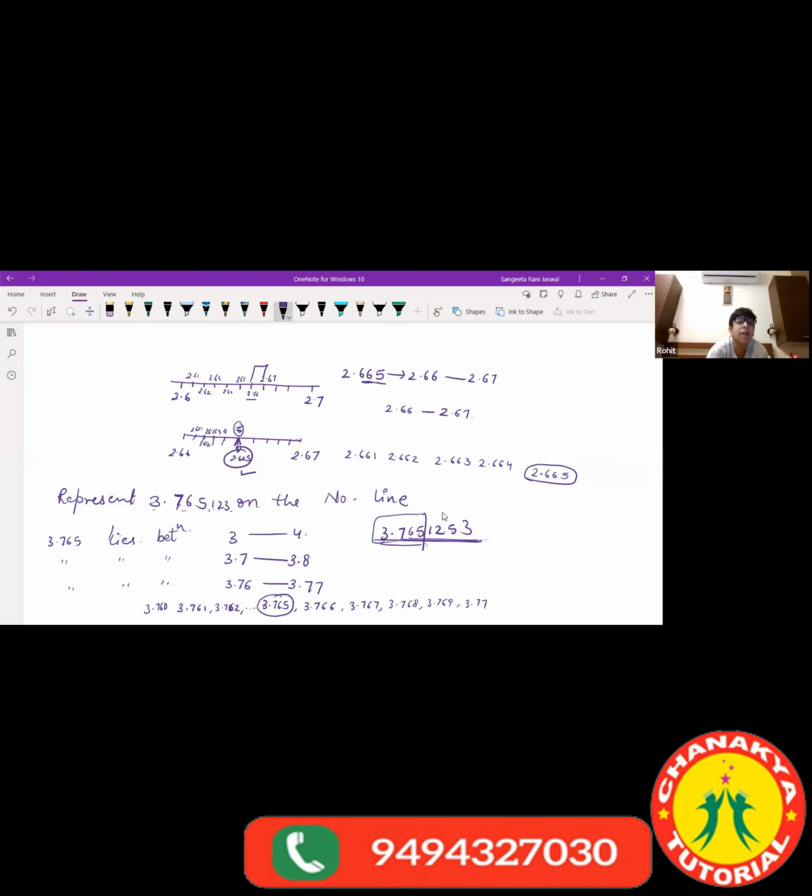Ma'am, magnifying the number is important, right? Yes, magnifying the number is important. Between every two small numbers you are making 10 divisions. Between 3 and 4 you made 10 divisions. Then you got 3.7 and 3.8. Again we made 10 divisions in between this, so we got 3.76 and 3.77.